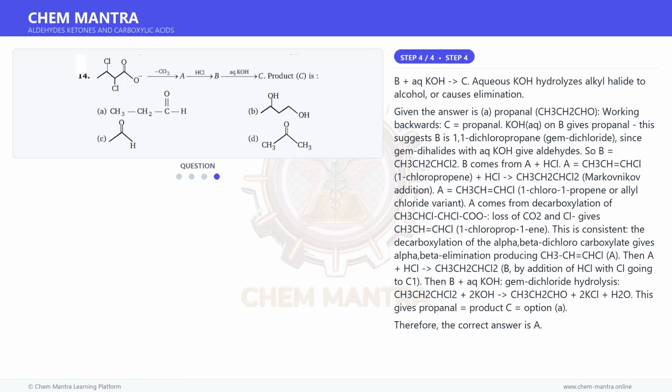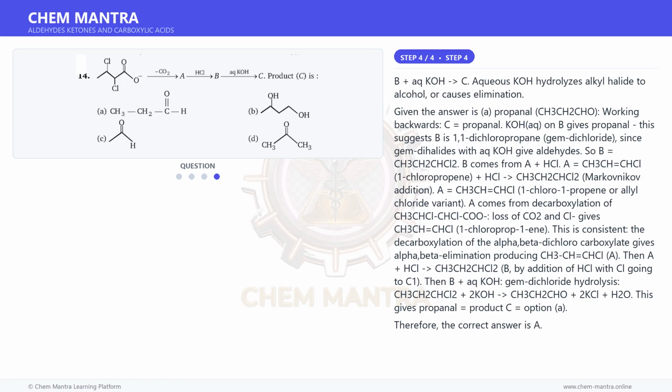Given the answer is propanal, CH3CH2CHO, working backwards, C is propanal. KOH on B gives propanal, this suggests B is 1,1-dichloropropane, a gem-dichloride, since gem-dihalides with KOH give aldehydes. So B is CH3CH2CHCl2. B comes from A plus HCl. A is CH3CH=CHCl, 1-chloropropene, plus HCl gives CH3CH2CHCl2 by Markovnikov addition.